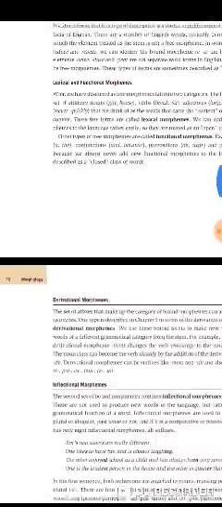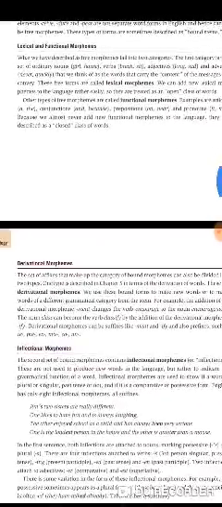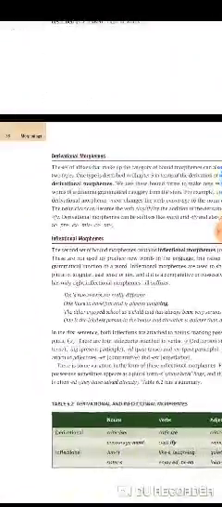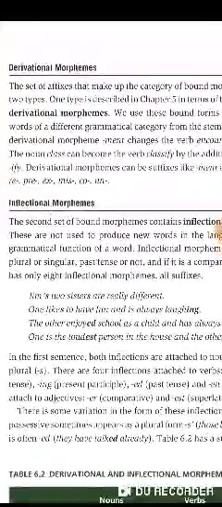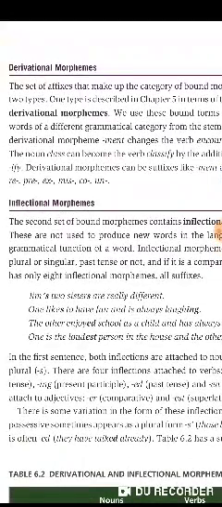Other examples of derivational morphemes in English appear on the last line, in addition to fi and ment. Re as a prefix, pre as a prefix, ex as a prefix, mis again as a prefix, co is another one, and so on. All these are derivational morphemes in the form of a prefix.